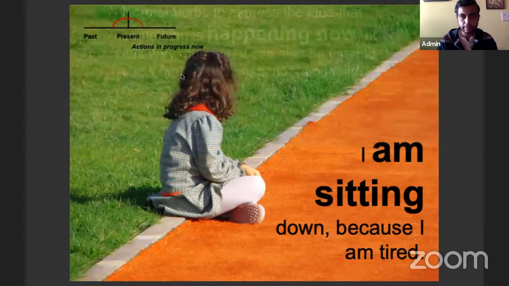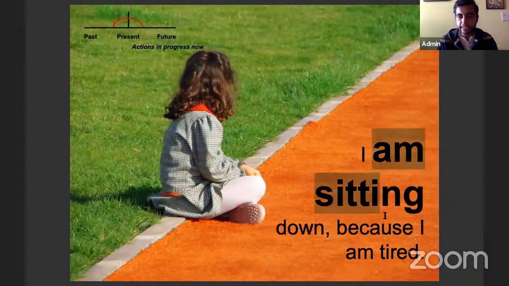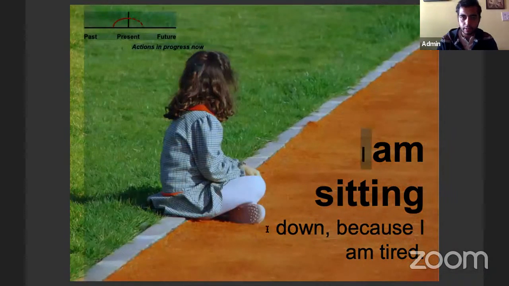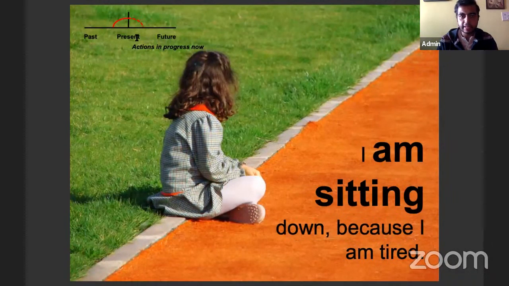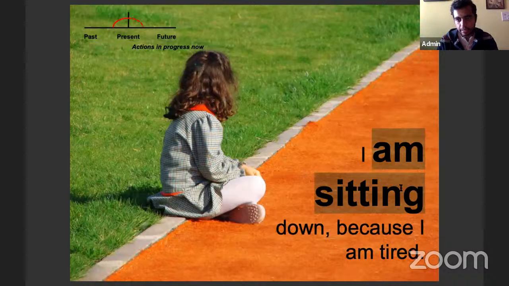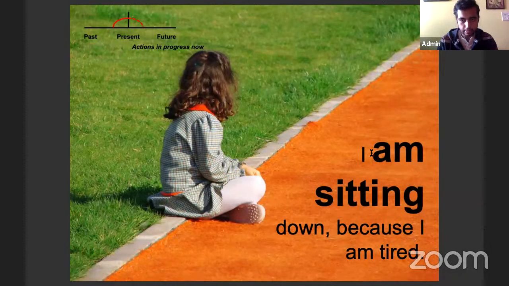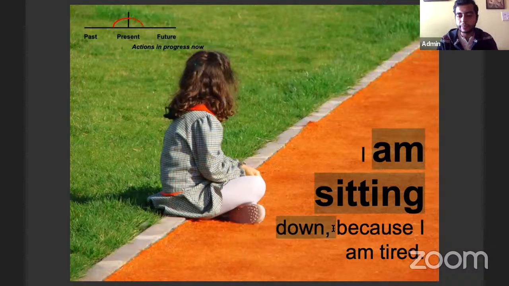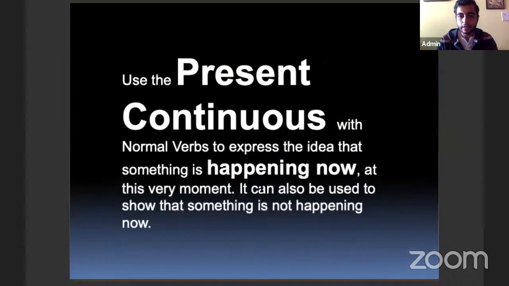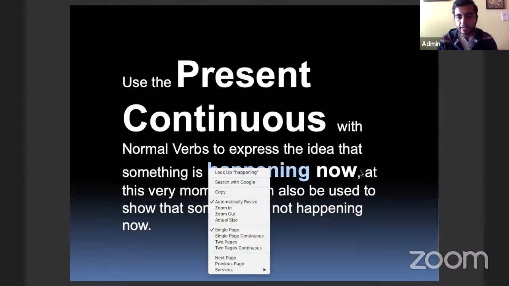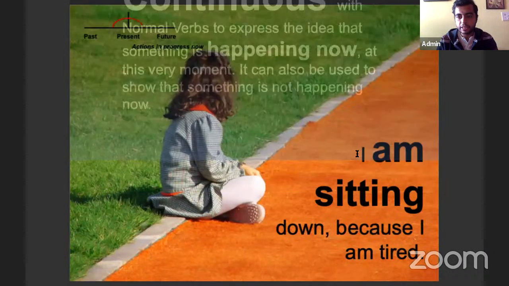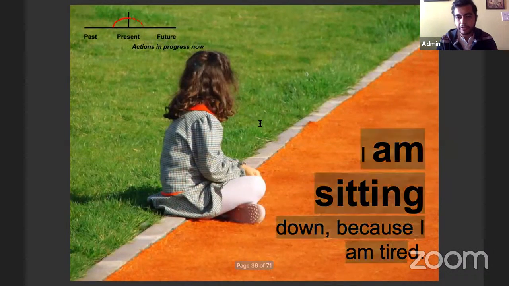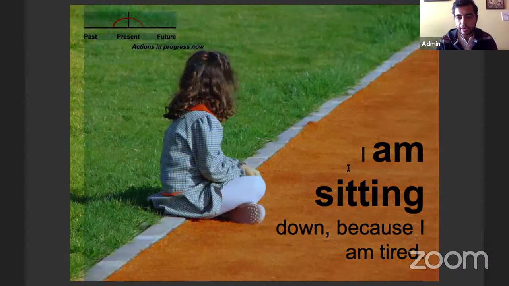Let's look at this. "I am sitting down because I am tired." Sorry, in the present, the action of sitting down is happening in the present, at this very moment when this girl is speaking.